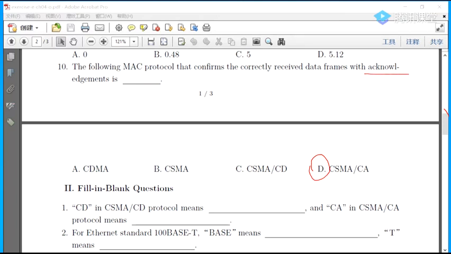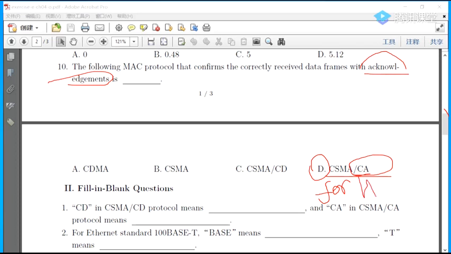With acknowledgement, only collision avoidance. CSMA with collision avoidance protocol. This MAC protocol is for what kind of network?